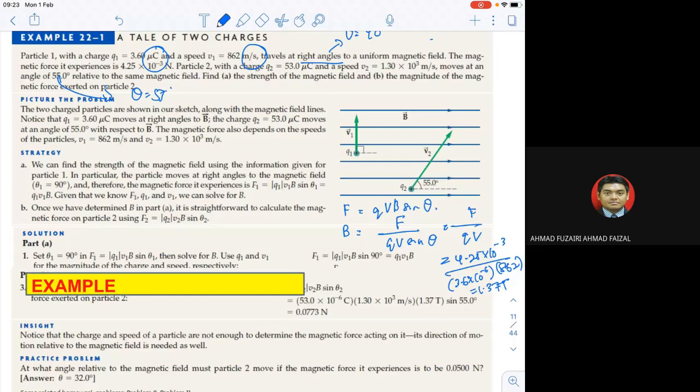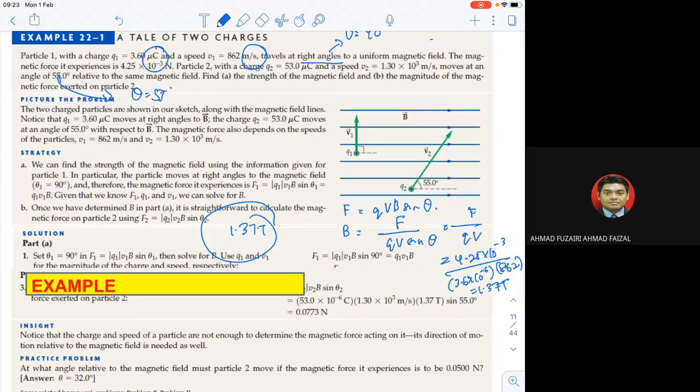That's why the questions are connected to each other. So the magnetic field is 1.37 Tesla.